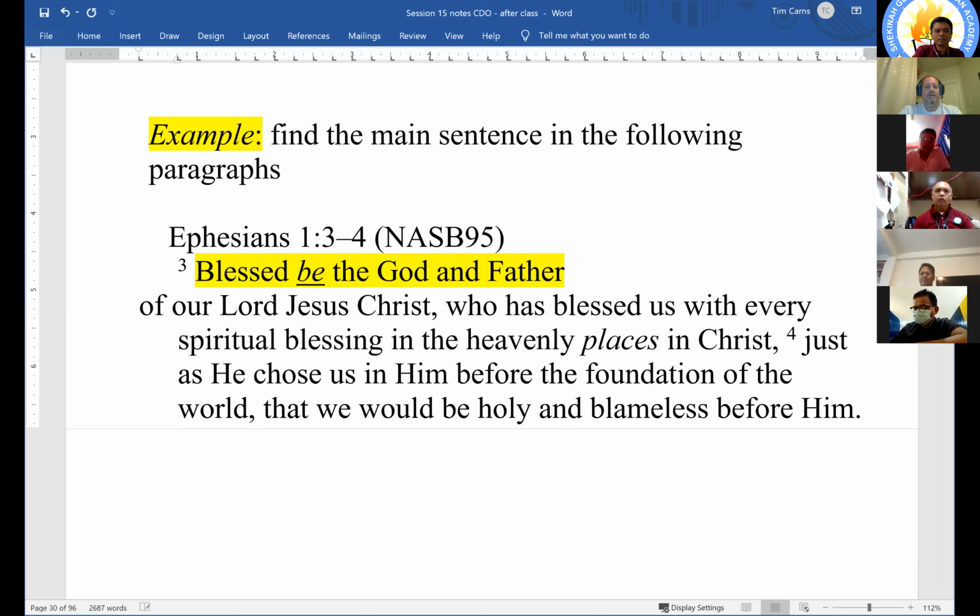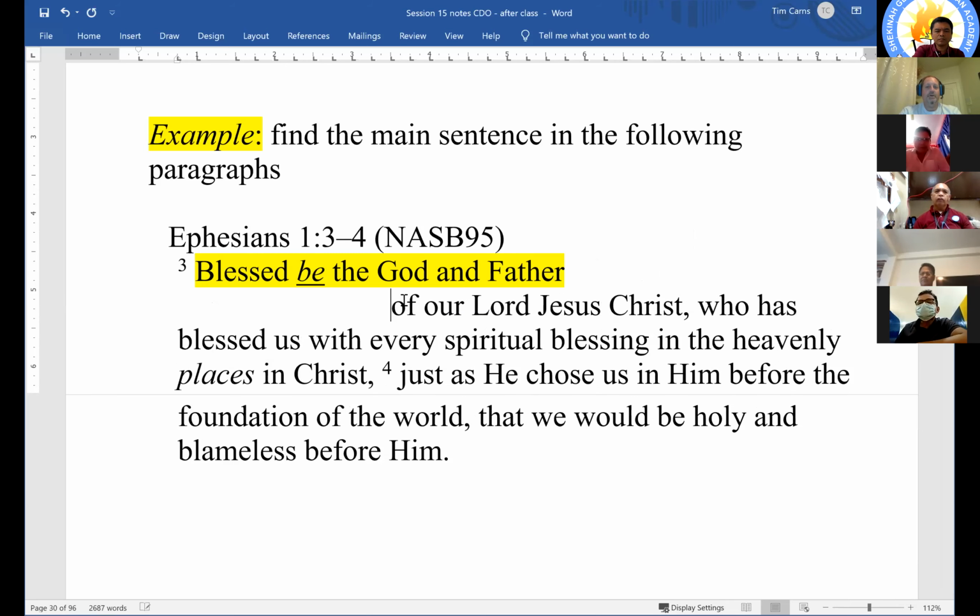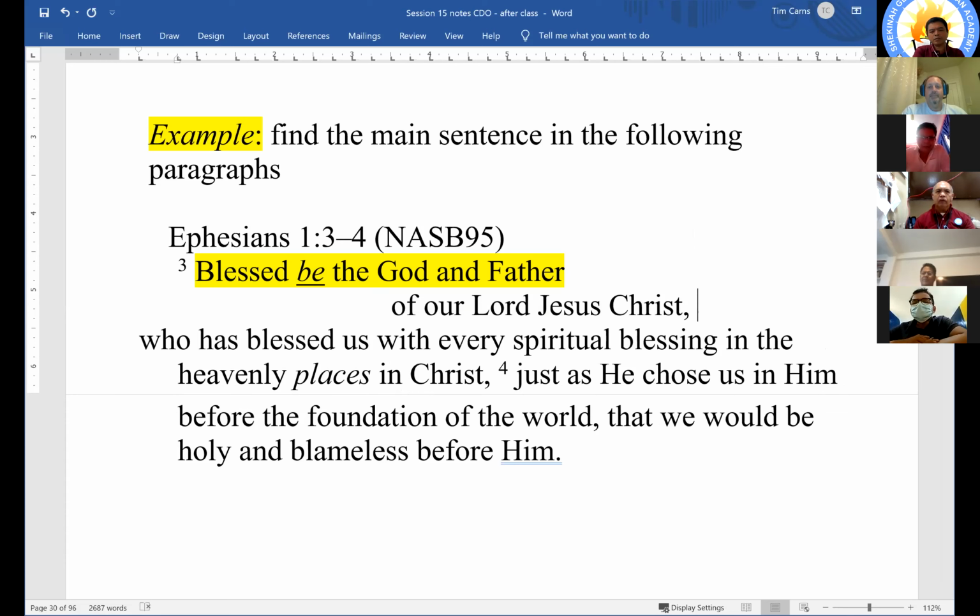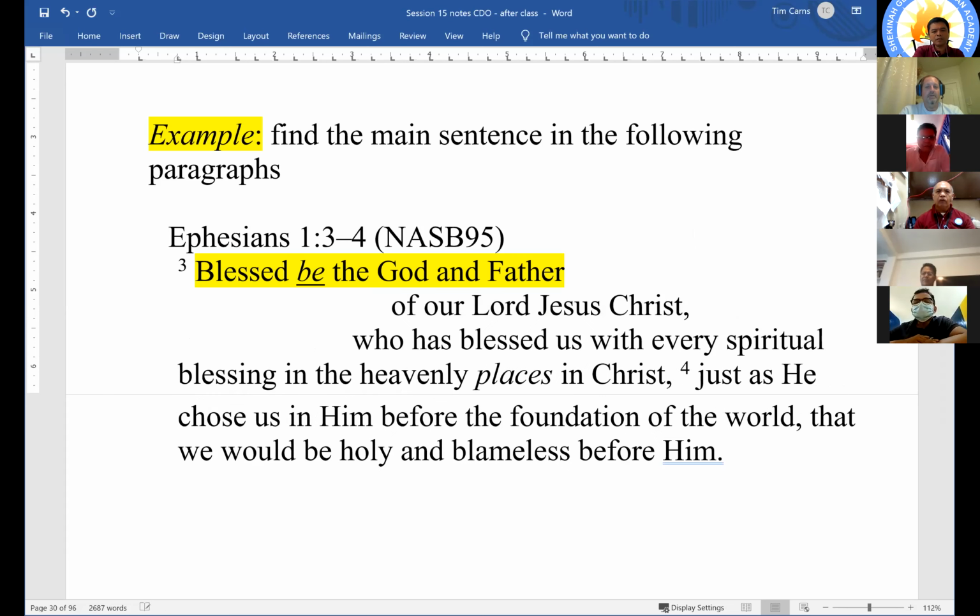Okay? So God and Father of our Lord Jesus Christ. So which God? Of our Lord Jesus Christ. Is this a phrase or a clause? Is there a verb? It's a phrase. There's no verb. And this phrase is modifying God. Who has blessed us? Okay, notice something here. Now this is interesting.